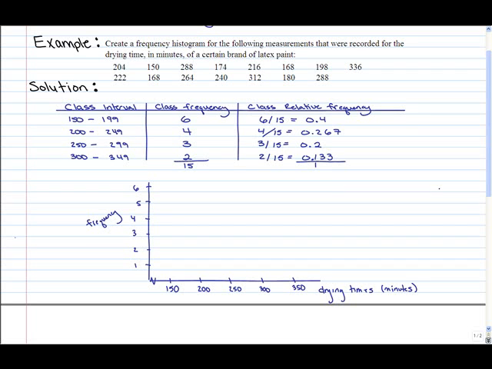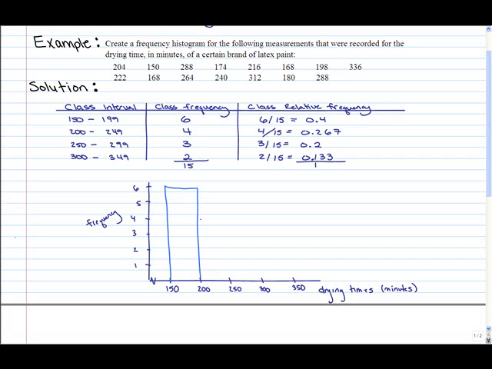So for our first class frequency from 150 to 199, our frequency was 6. And so all we have to do now is basically draw a box from 150 to 200 here in this section, all the way up to a frequency of 6. So that would be roughly right up there. Now the next frequency is 4, and that's in the class interval from 200 to 249.